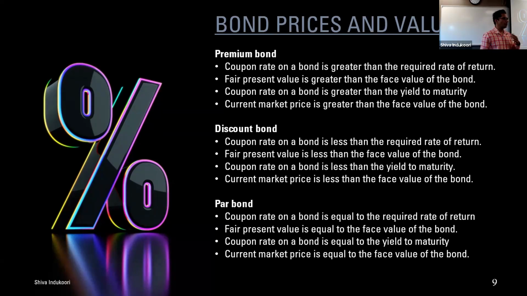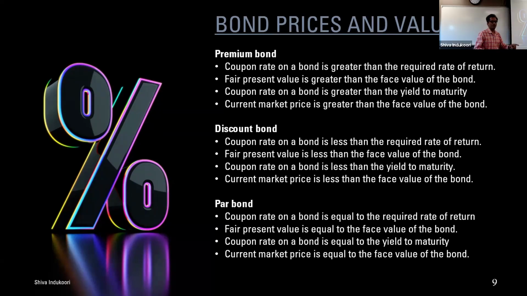The bond is at premium. A quick question, why? What could be the reason? A bond which was already issued maybe 2 years back or 3 years back is offering 8%. And the current interest rates are around 6%. Now I'm saying that the bond issued 2 years back is at premium.